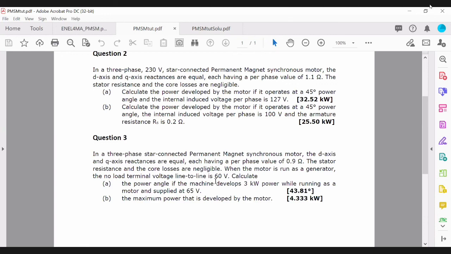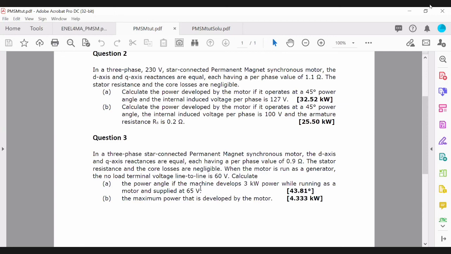So in other words, they are basically giving you the value of E naught, which is E naught line to line. If you turn the operation into motor mode, you know what will be the induced voltage for the machine.